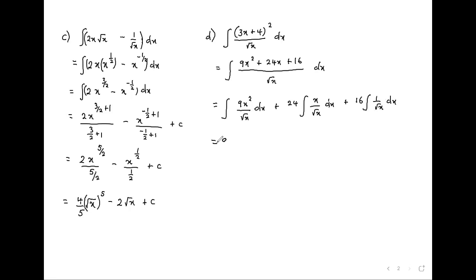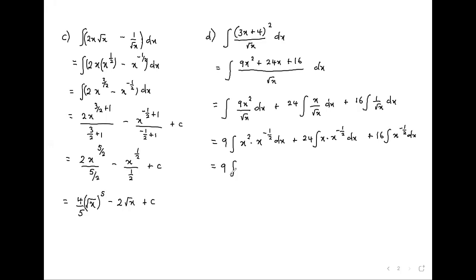Now here the constant can be taken out, and then we'll have x squared multiplied by x to the power negative half dx. We have 24x times x to the power negative half dx, plus 16 x to the power negative half dx.